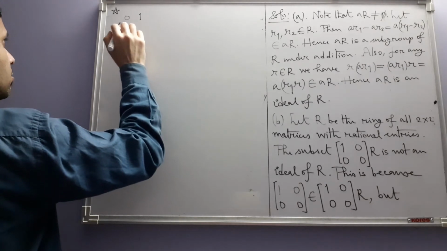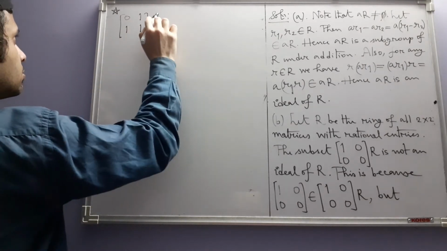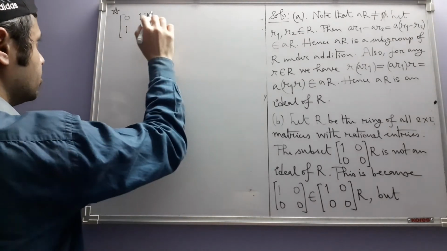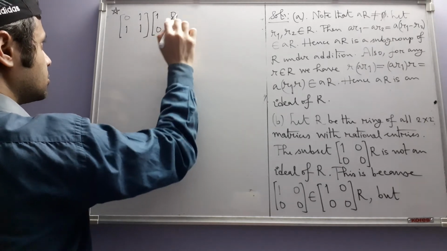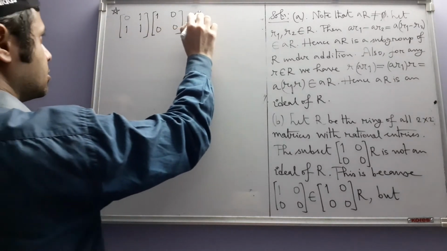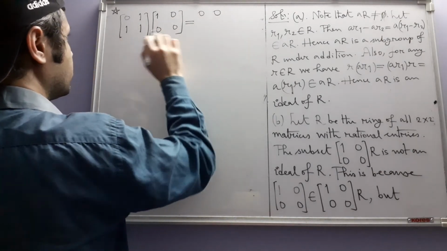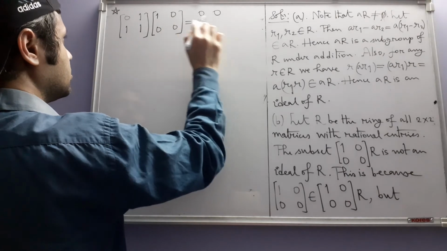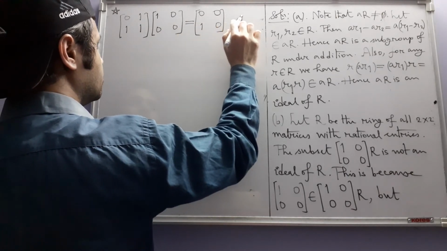The matrix 0 1 1 1 times 1 0 0 0, which is equal to what? 0 plus 0, 0 plus 0, 1 plus 0, 0 plus 0. This does not belong to this.